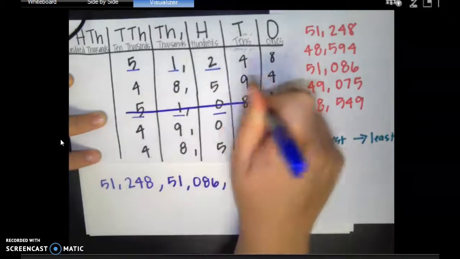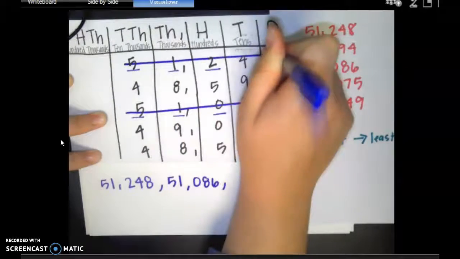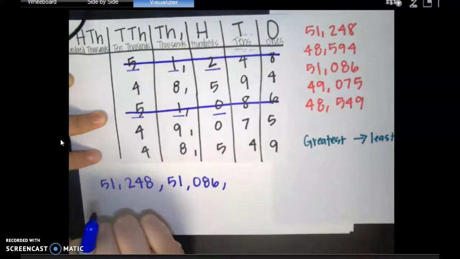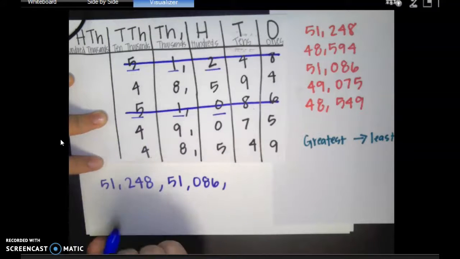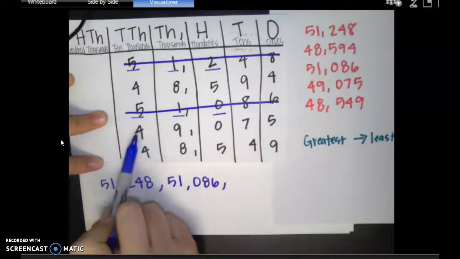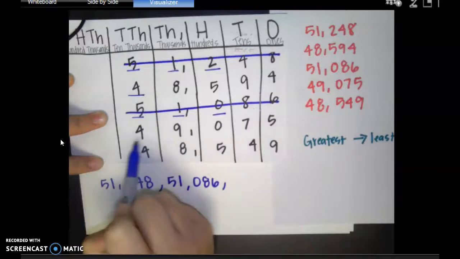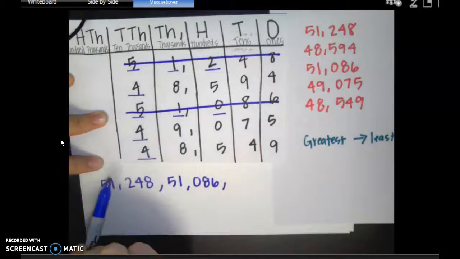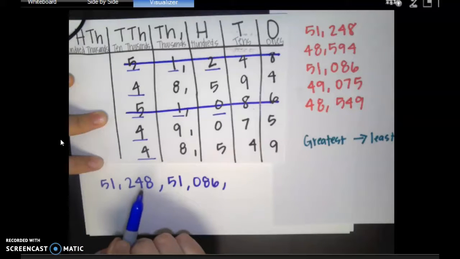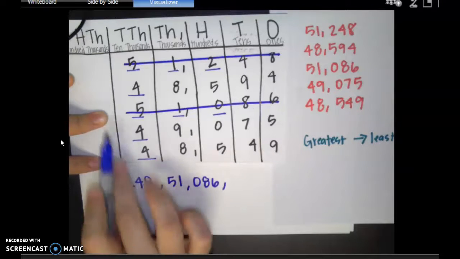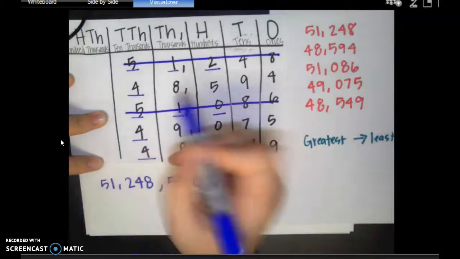So I am done with these. I'm going to cross them out so I don't get confused. Now I'm going to look at the last 3 numbers that we have remaining. We have 4, 4, and 4. Can we determine which one would be greater than the other just based off of the 4 in our 10,000s? No, we can't. So we need to move to our thousands place value.